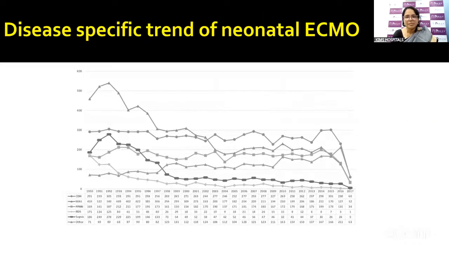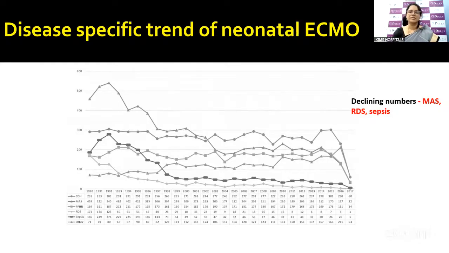When we look at disease-specific trend in neonatal ECMO, it is quite expected that there is declining use of ECMO in conditions like meconium aspiration syndrome, respiratory distress syndrome, and sepsis. This could be simply because of better intrapartum monitoring, leading to less severe cases of meconium aspiration syndrome, earlier detection of intrapartum hypoxia, and better or optimal management of respiratory distress syndrome.